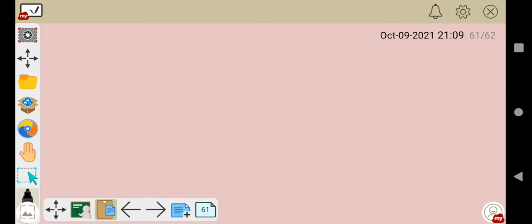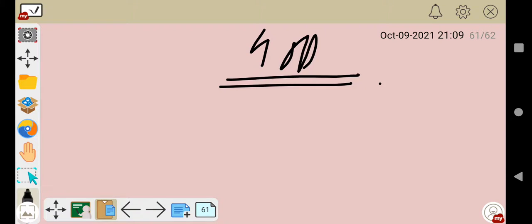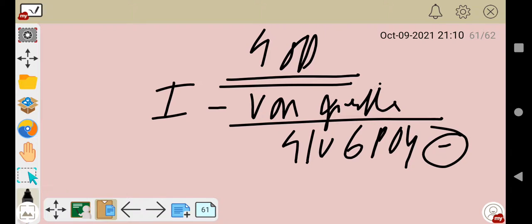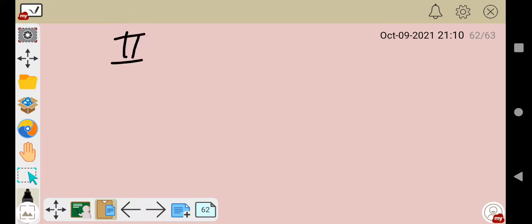GSD you have done, right? GSD1 I have mentioned that it is glucose 6-phosphatase defect, right? Von Gierke's. Now I am classifying this, right? Von Gierke's glucose 6-phosphatase defect.